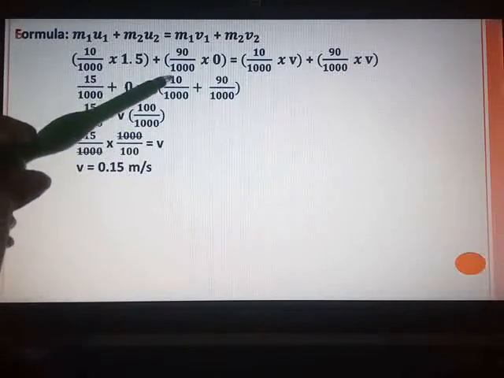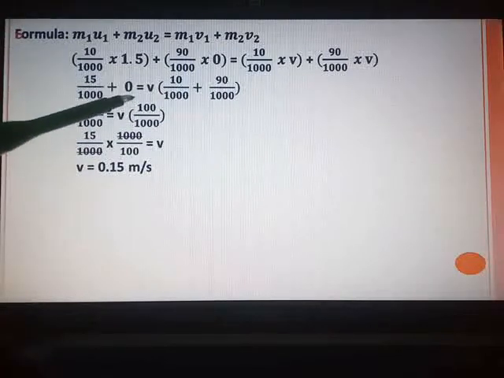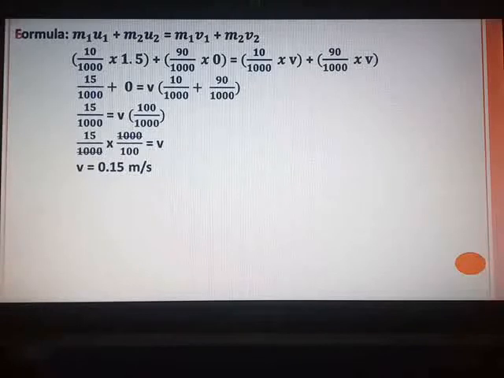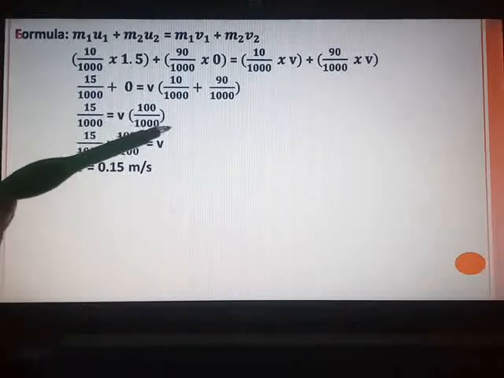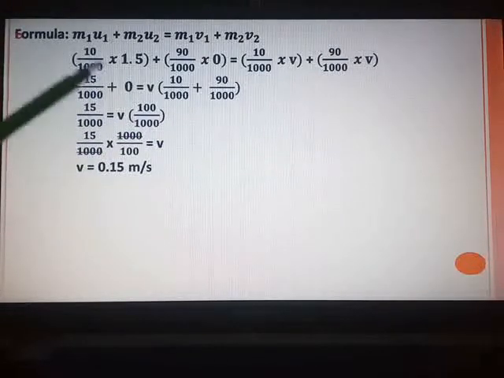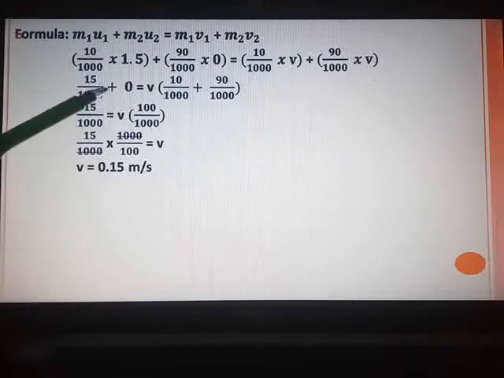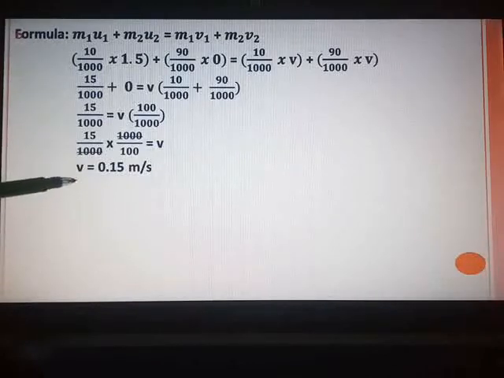So 90 plus 10 numerators we will add, 100 upon 1000. Now keep v on the right hand side and here just bring it on the left hand side. This 1000 will go in the numerator and 100 will come in the denominator. 1000 will get cancelled off. So your common velocity is 15 divided by 100. So 0.15 meters per second.